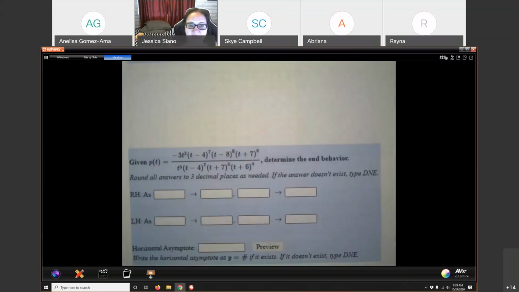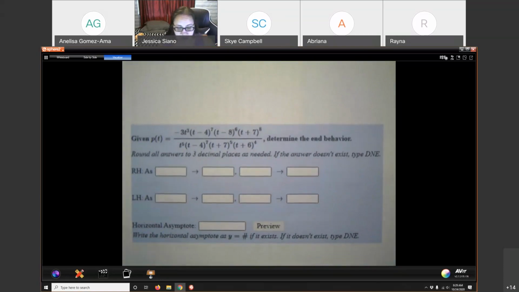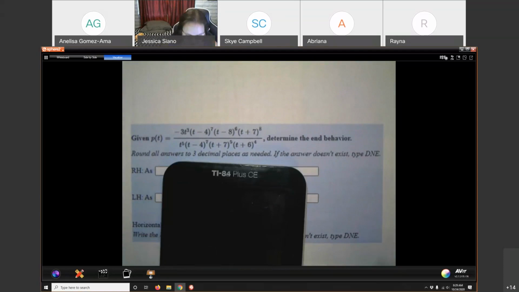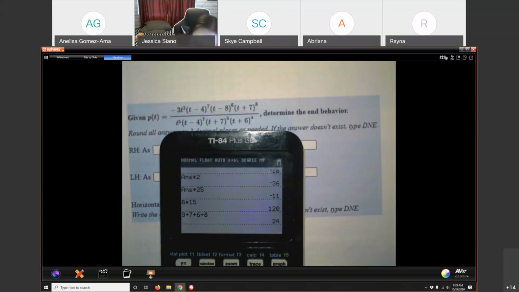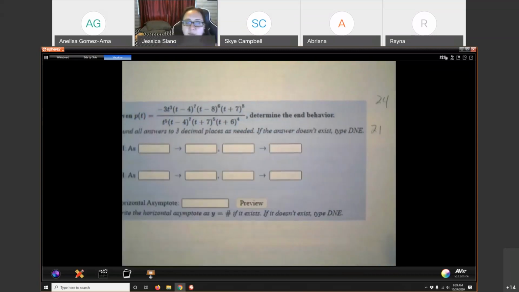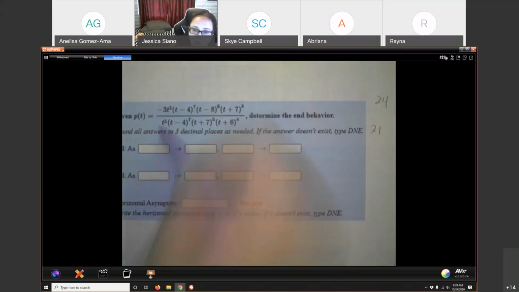So having said all of that, let's take a look at the next. First thing I need to do here is figure out degree top and bottom. Remember, in factored form, to figure out the degree, we add the degrees. So the degree of the numerator would be 3, 7, 6, 8, 24. And the degree of the denominator, 5, 7, 5, 4, 21. So again, I have a bigger degree on the top and a negative leading coefficient this time.